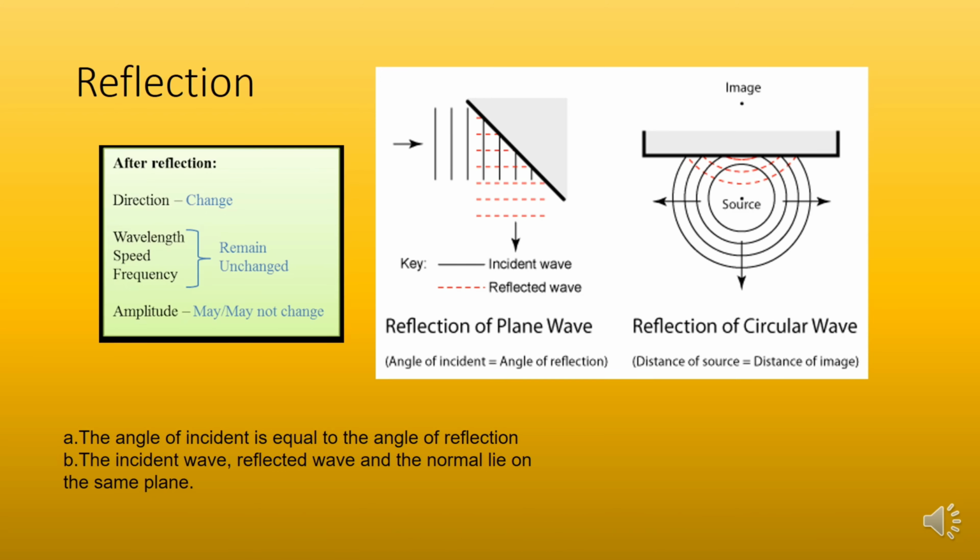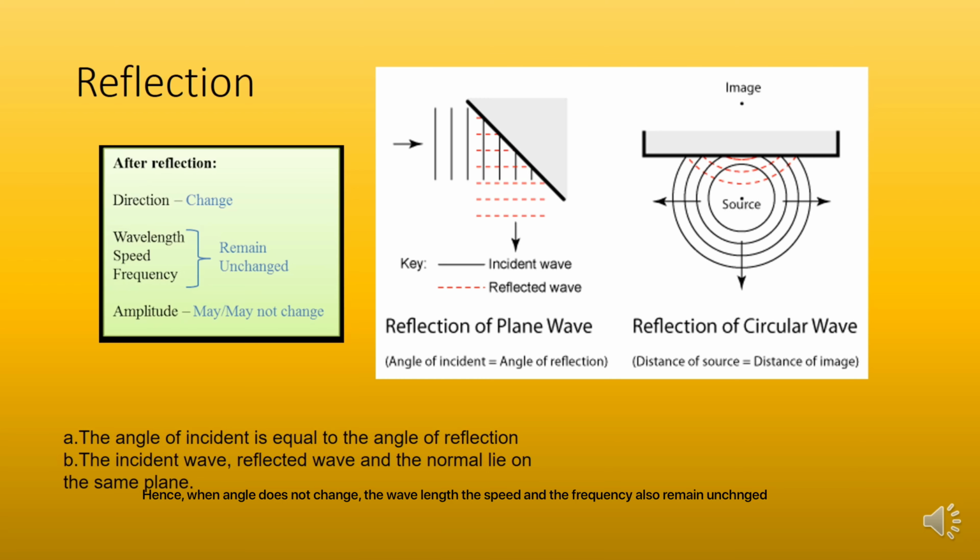In reflection of a plane wave, the angle of incidence is equal to the angle of reflection, meaning the angle does not change. Hence, when the angle does not change, the wavelength, the speed, and the frequency also remain unchanged.